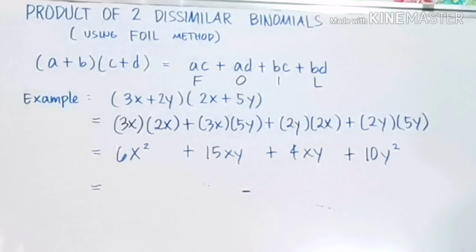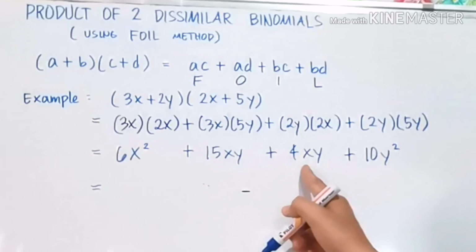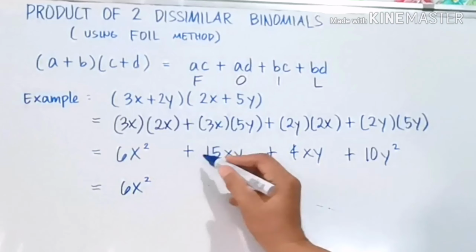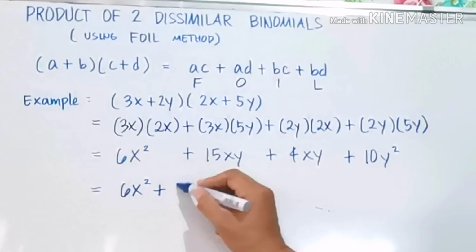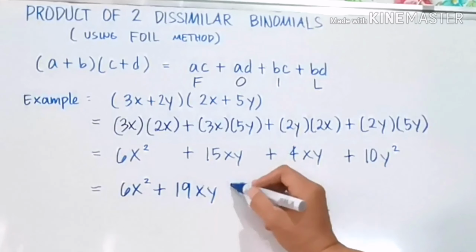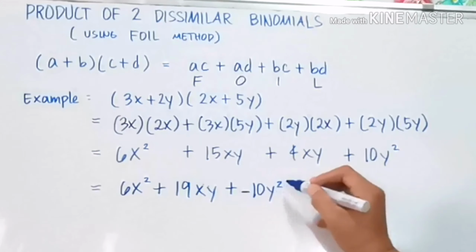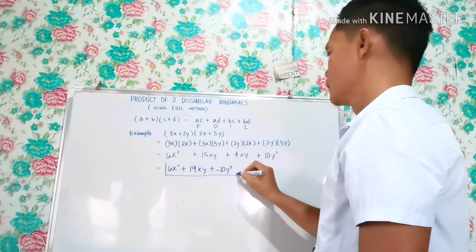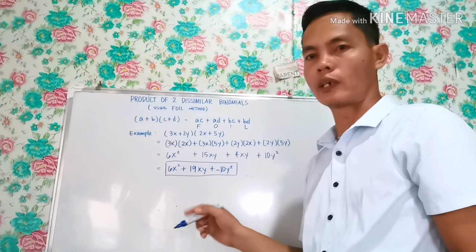As you can see, the two terms in the middle are similar terms, so we can simplify them. We write the first term, then combine the second and third terms, which becomes 19xy. Then the last term is 10y squared. So this is going to be our final answer: 6x squared plus 19xy plus 10y squared. That's it for this particular example.